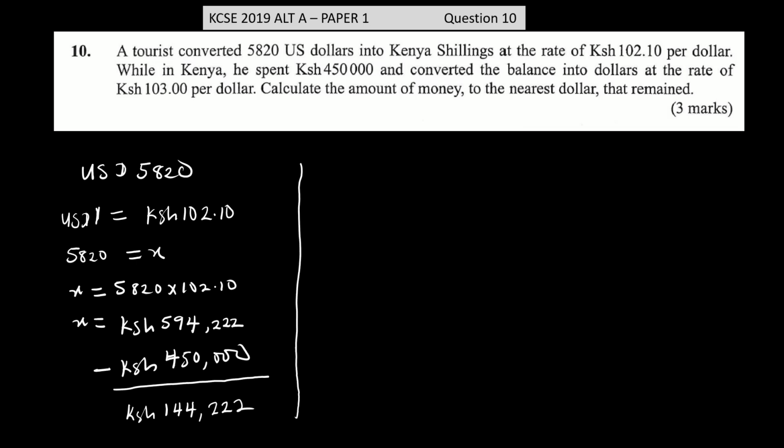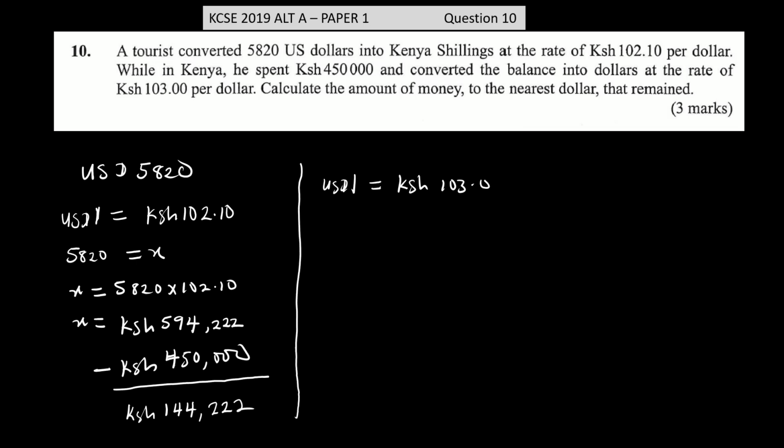The question continues and says, he spent 450,000 Kenya shillings and converted the balance into dollars at the rate of 103 Kenya shillings per dollar. So when the tourist was going back, $1 will be equal to 103 Kenya shillings.